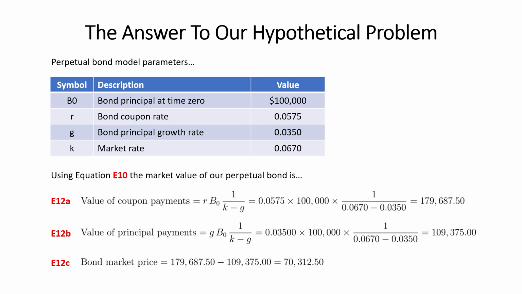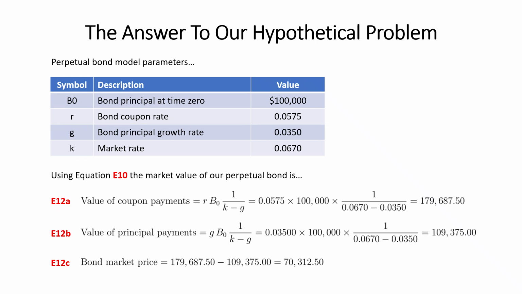So if we go down to equation E12B, that's the value of the principal payments. Basically that's the value of all the checks we have to write to the issuer, because in compensation for having increased coupon payments, we have to cut the issuer a check. So the value of the principal payments is G, which is the growth rate, times our principal at the beginning of year 0, times the fraction 1 over K minus G. Substituting our parameters, we have 3.5%, the growth rate, times 100,000, the principal, times 1 over 6.7% minus 3.5%.